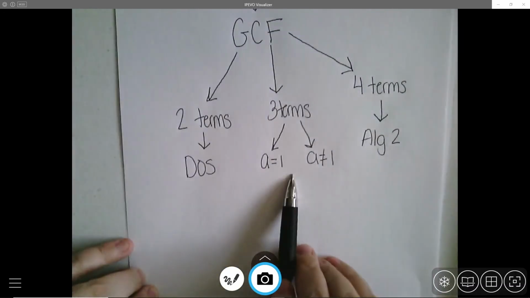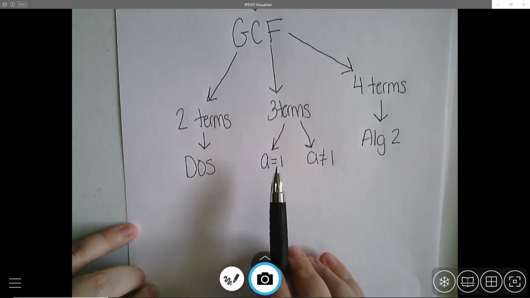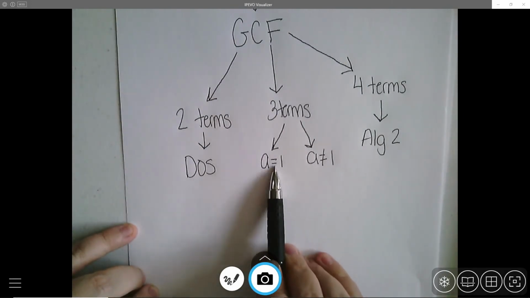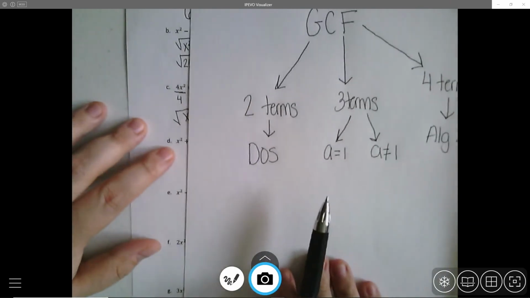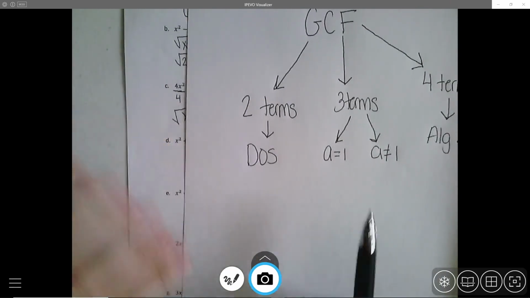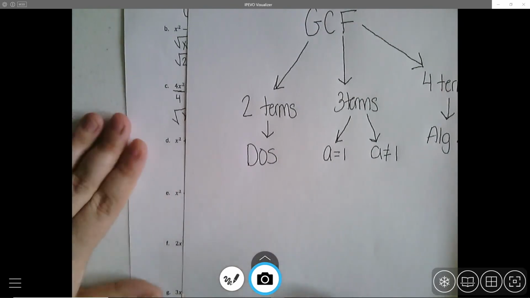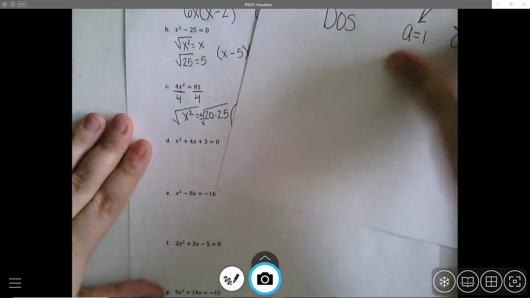So there's 3 terms. I need to determine, does this break off into A equals 1 or A does not equal 1? Look in front of your x squared. In front of my x squared is nothing or a 1, so this is an A equals 1 problem.